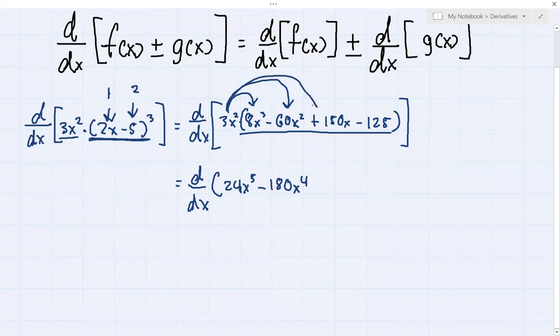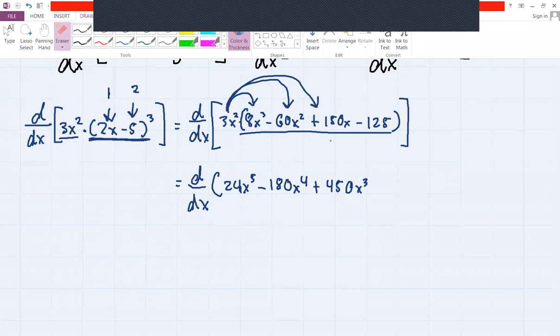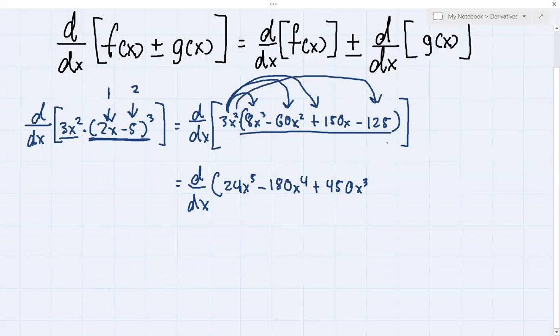Next, 3 times 150x. This would be 450x squared pala, x cubed pala. Tama ba ako? 150 times 3. Sorry na guys. Okay, tama ako. So, we have 450x cubed. The next, last but not the least, which is ito. So, 3x squared times negative 125.